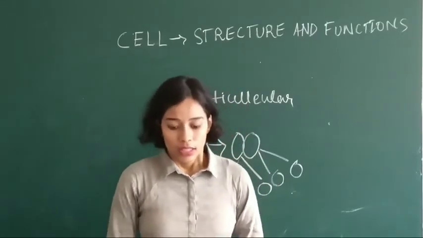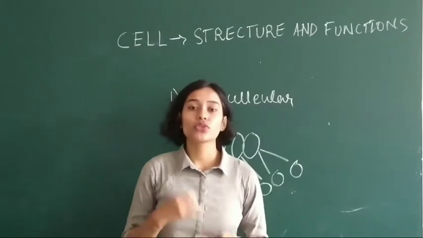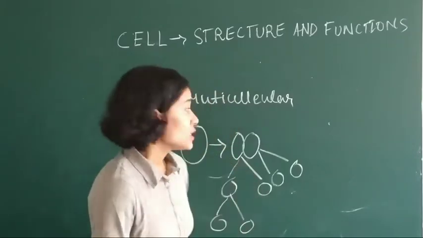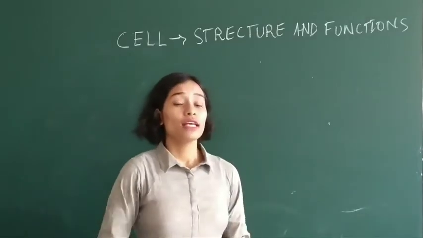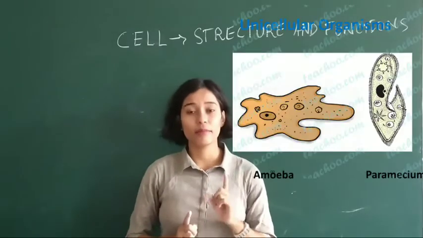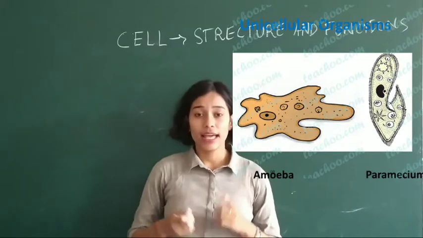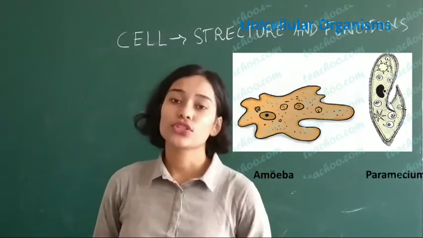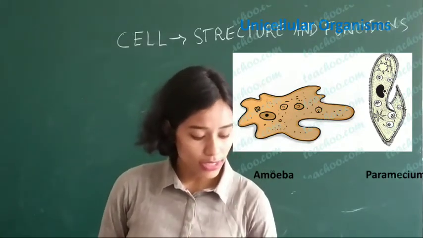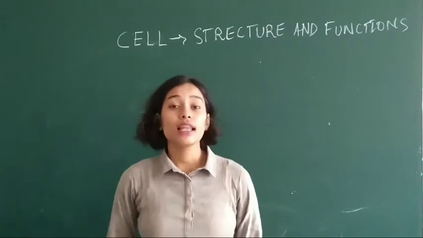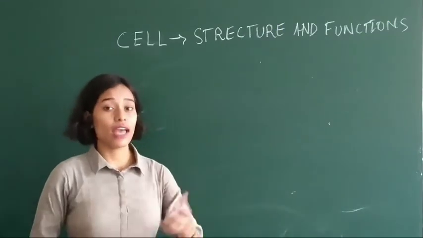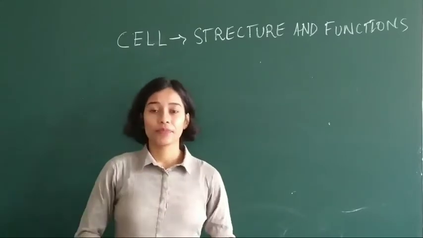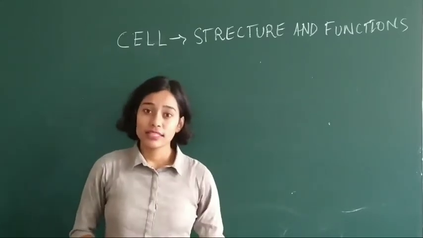Now we will discuss unicellular organisms. Unicellular organisms are made up of a single cell, like amoeba and paramecium. Single-celled organisms like amoeba also have the ability to respire and take food.